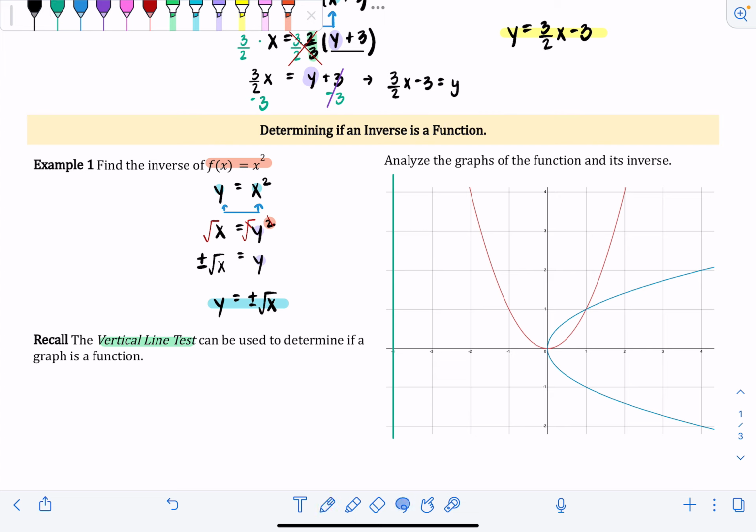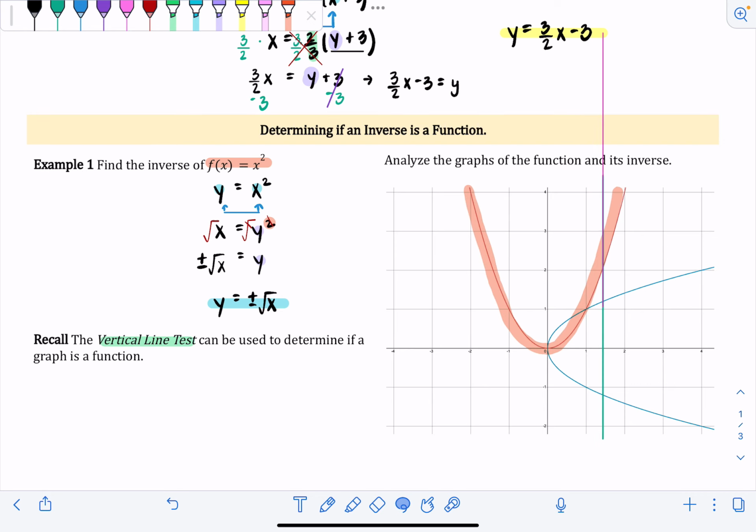And we're just going to focus on one at a time. What we're looking for in the vertical line test is to see if the vertical line crosses at more than one point on the graph at one time. So we'll focus in on only the original function for right now, so only the red one. If I drag the vertical line across, it's only ever touching our original function, the red one, at one point at one time.